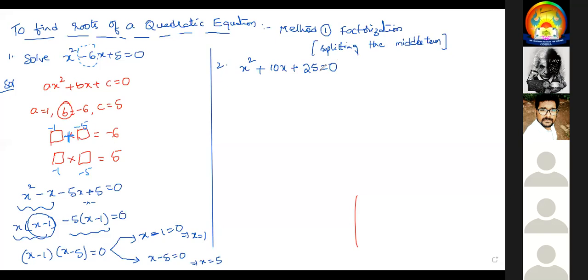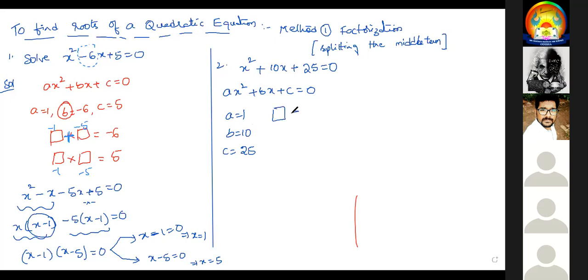When they ask a question like that, the first thing, as I said, you have to compare with the general equation of a quadratic equation. So we can say a is equal to 1, b is equal to 10, c is equal to 25.